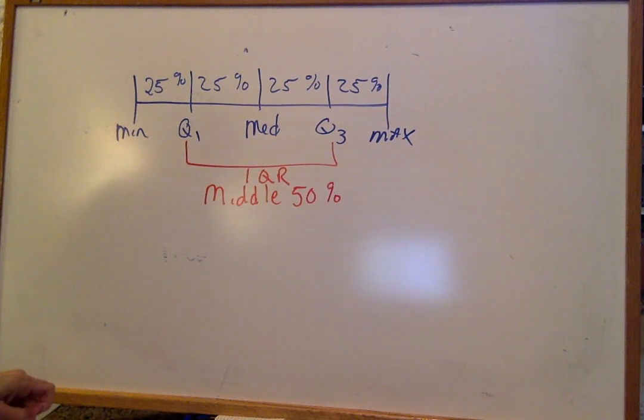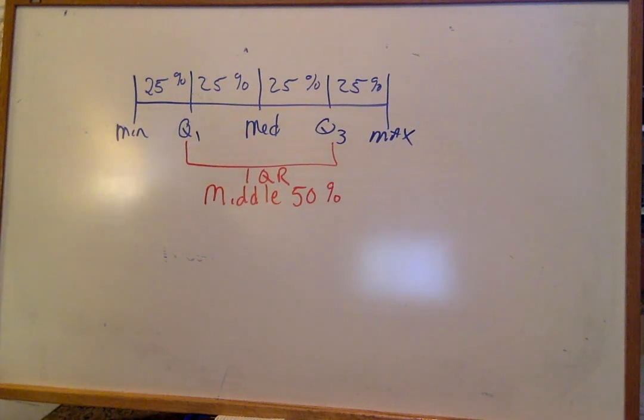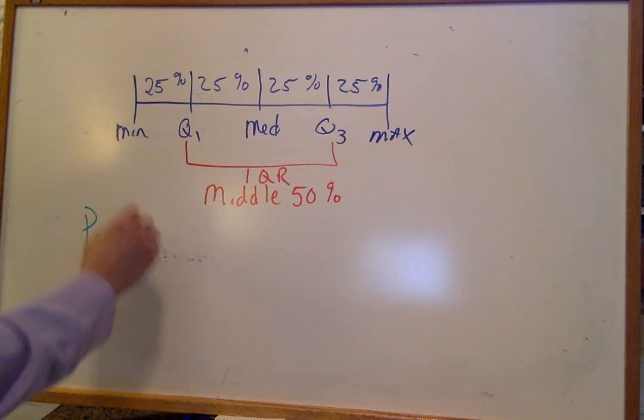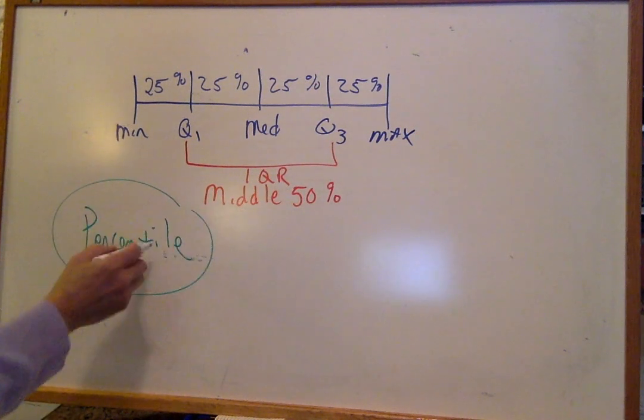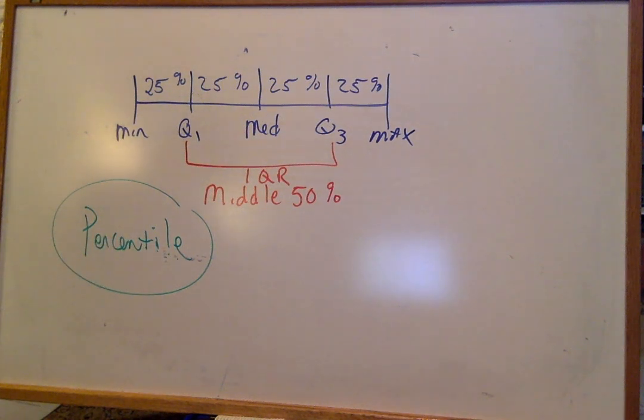Bringing back, well, I'm not sure if I'm reminding you of this or if this is the first time we've talked about it. So, the word percentile, I want to talk about that for a minute. This is a special word. It ends in I-L-E, percentile.